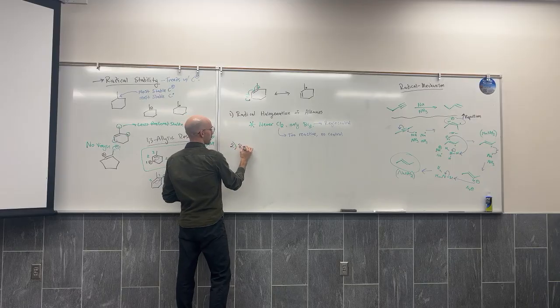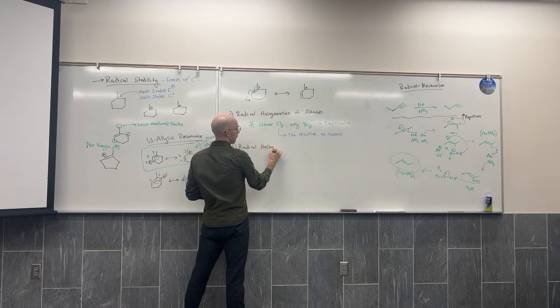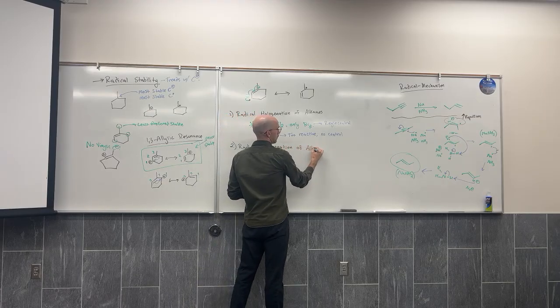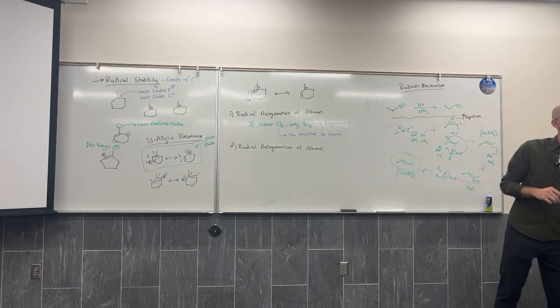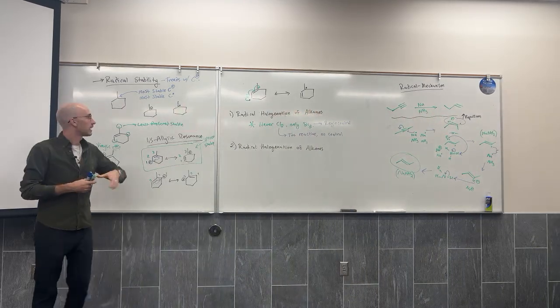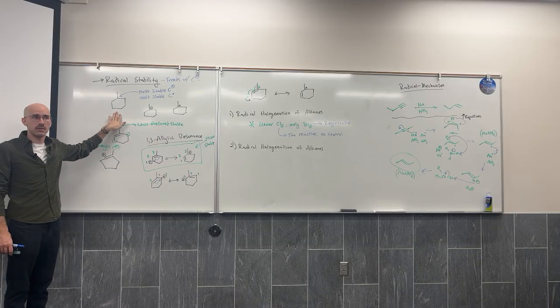How about radical halogenation of alkenes? We'll see this change now. If there's only alkane, put it on the most stable position, the most substituted carbon.